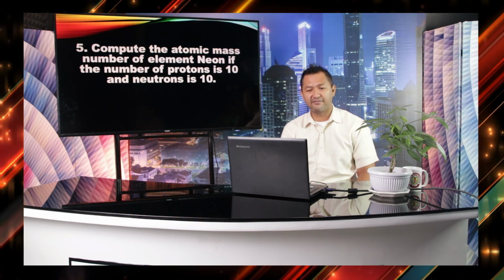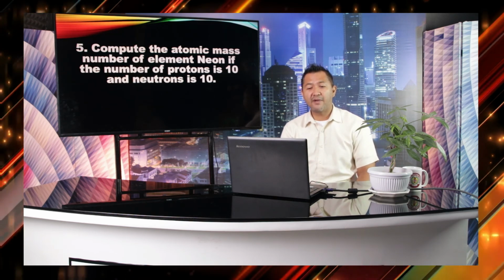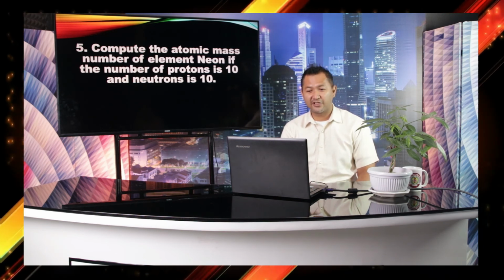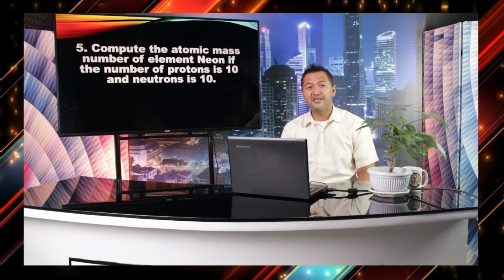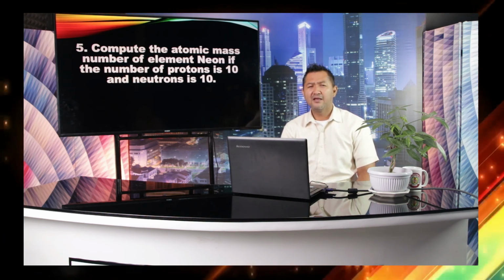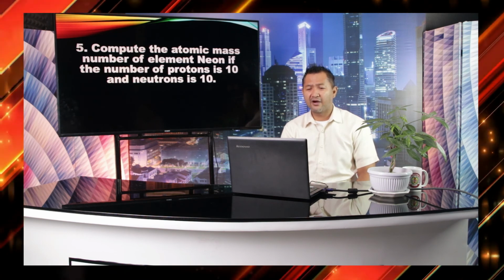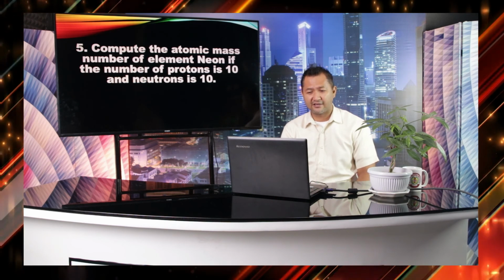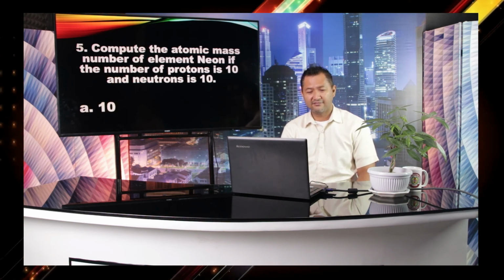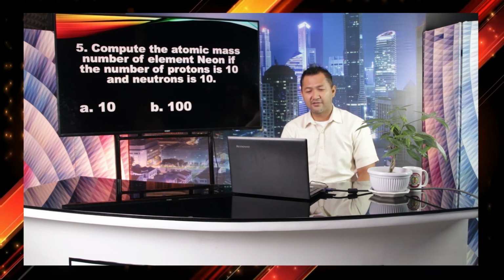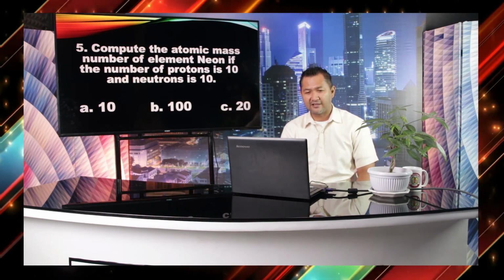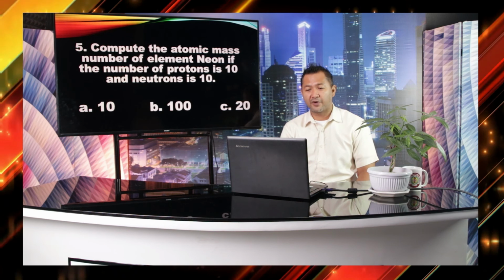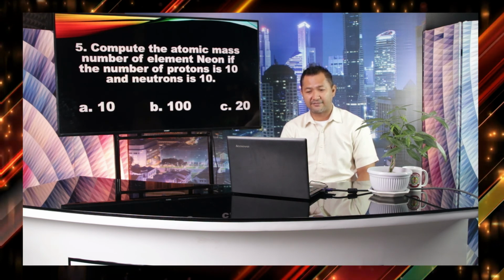Let's go to number 5. Compute the atomic mass number of element neon if the number of protons is 10 and neutrons is 10.